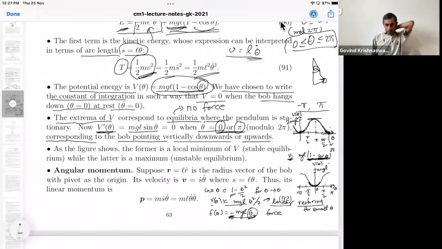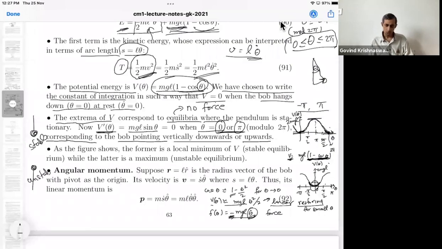Okay. So we have identified the points of equilibrium. When I say equilibrium, I mean where the particle feels no force. Equilibrium doesn't mean stable equilibrium. That is a further qualification. In fact, we have already argued that the bob pointing downwards is a point of stable equilibrium, whereas the one with the bob pointing upwards is unstable.